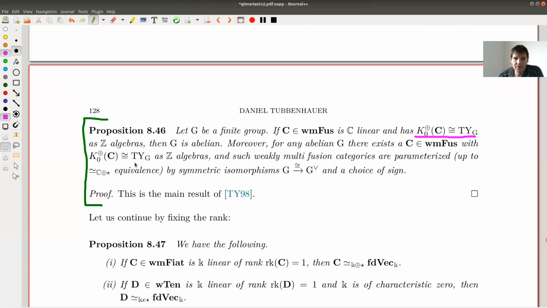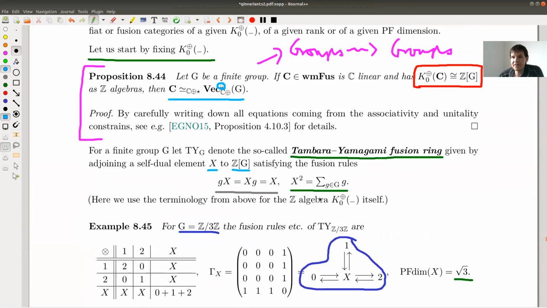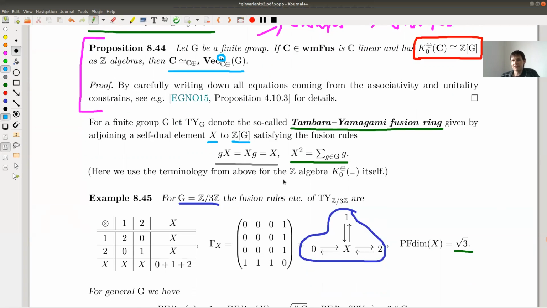I haven't told you the construction of those things, but there exists one for any abelian G, and you can parameterize them by a certain numerical datum. So with this choice of Grothendieck ring, you can classify exactly the corresponding fusion categories. Very much like here, you just get a slightly more complicated answer because you have a slightly more complicated ring downstairs.